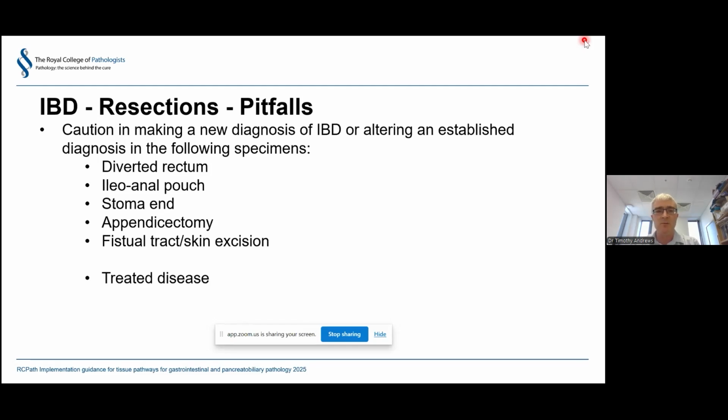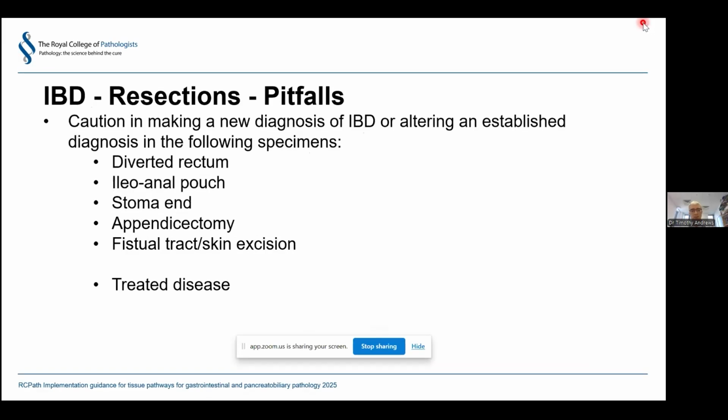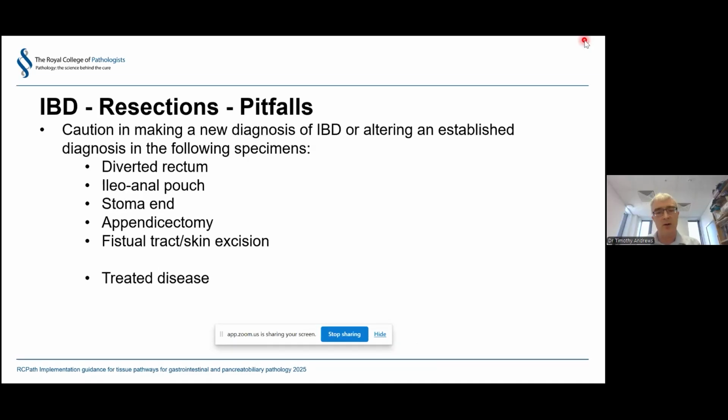These are all settings where we would suggest caution in either making a new diagnosis of IBD or altering an established diagnosis. So don't change ulcerative colitis to Crohn's disease or vice versa in these settings. And obviously be mindful of the fact that treatment may impact on what is seen.